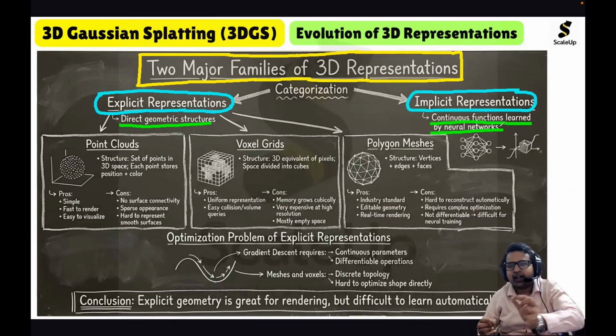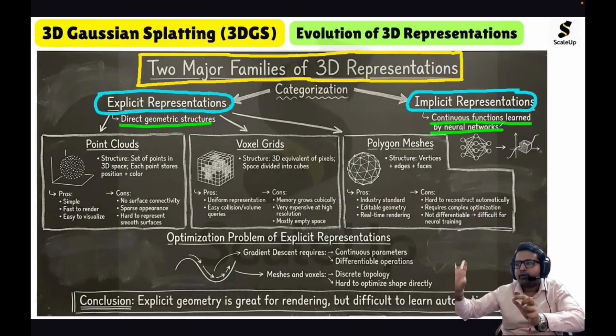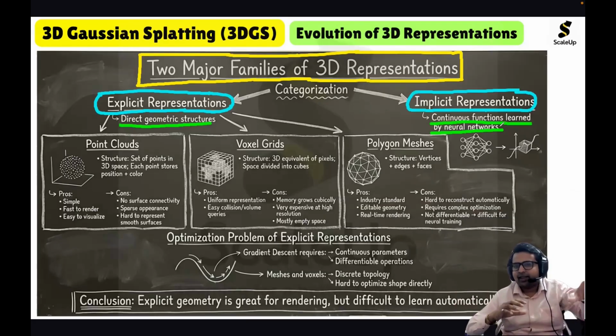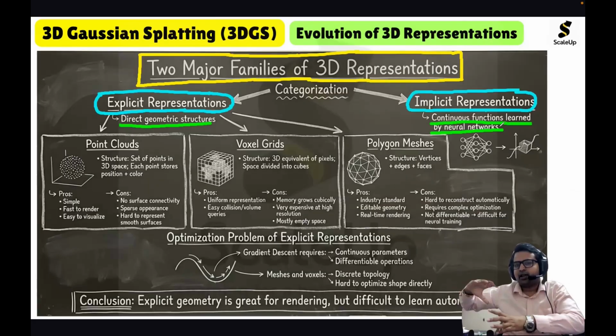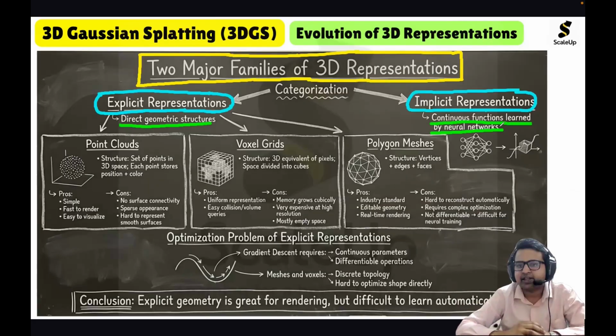Like you give a coordinate as input, and it will give the output, what will be the pixel at that coordinate. In that way, a function can represent a 3D scene. So if this is the coordinate, this is how the pixel will look in the 3D space. That is the implicit representation in the form of a continuous function.